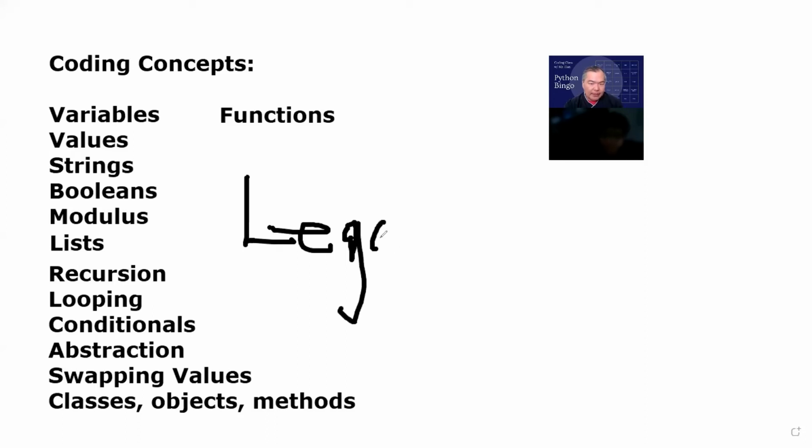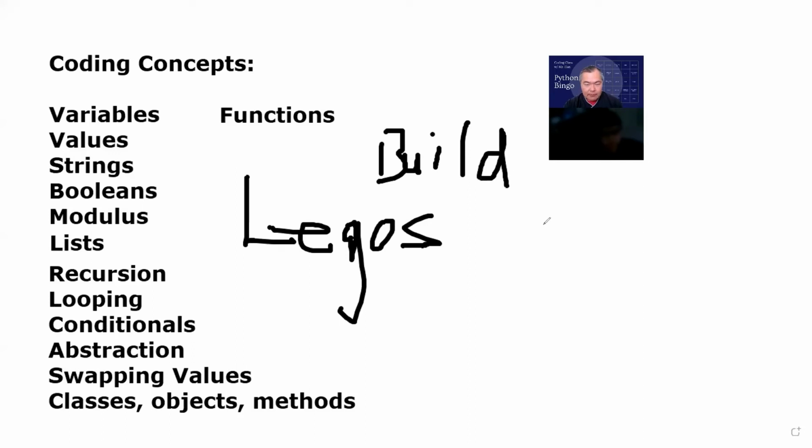So what do you need to do with these coding concepts? It's just like Lego. What do you physically do with the Legos? You have to build code, just like you would build buildings in Legos.